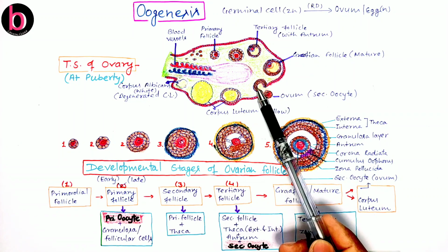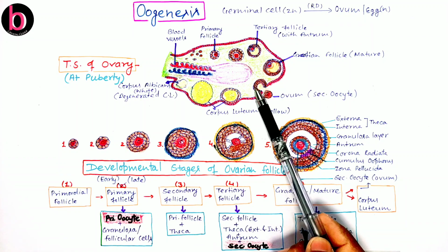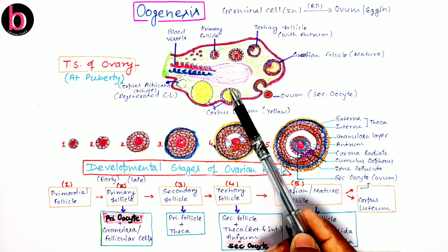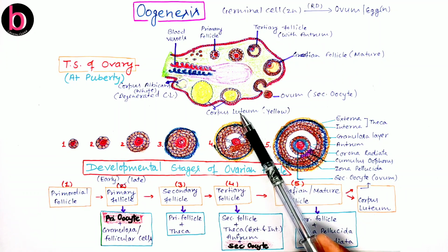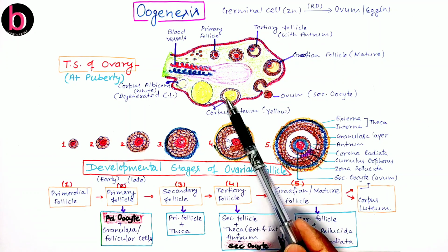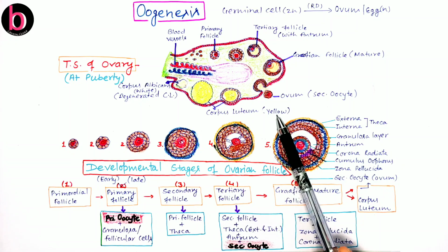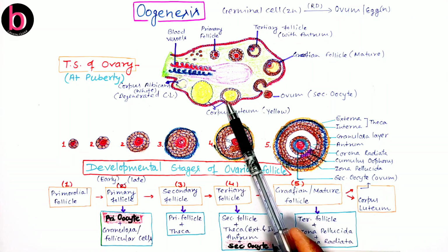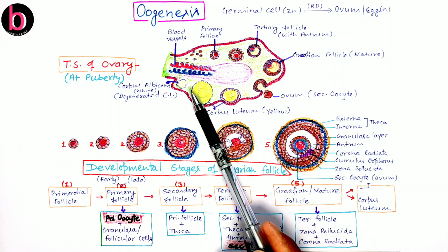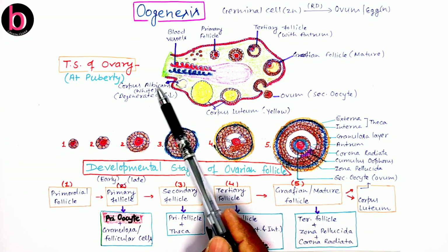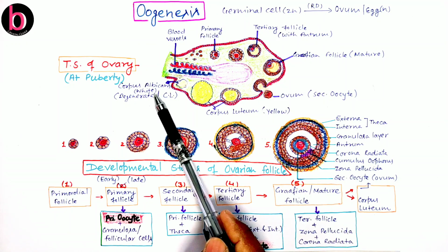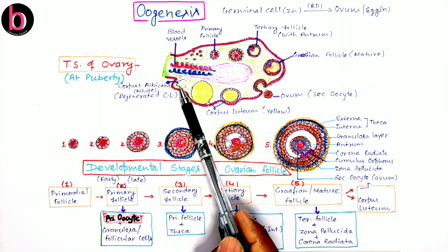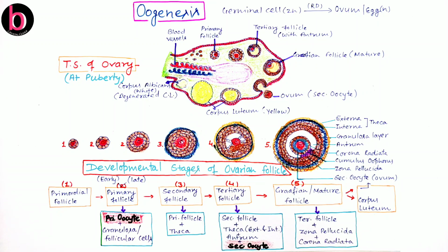After rupturing of the Graafian follicle, the remains are converted into a spherical structure known as the corpus luteum. Because of its yellow pigmentation, it is also known as the yellow body. This corpus luteum may persist or may degenerate and be converted into a smaller structure known as the corpus albicans. This is white in color, so it is also known as the white body.